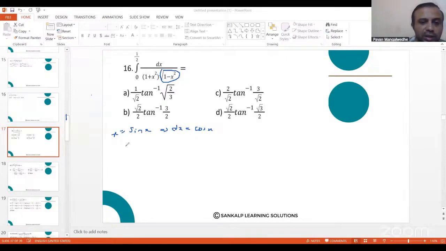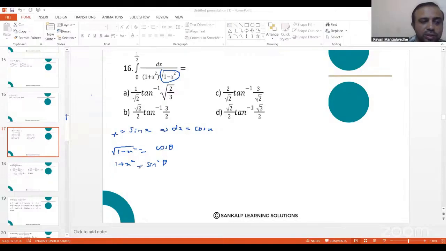Then 1 minus x square can be written as 1 minus sin square, which is cos square, so the root is cos theta. And 1 plus x square becomes 1 plus sin square theta.